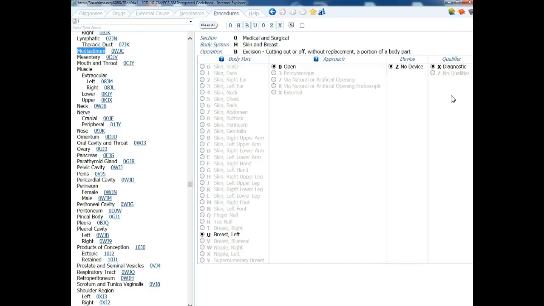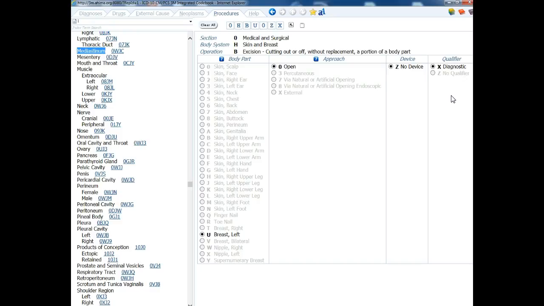So we code to the deepest layer. The example here is excisional debridement that includes the skin and subcutaneous tissue and muscle is only coded to the muscle body part. It went that deep. So we don't code the debridement of the skin. We don't code the debridement of the subcutaneous tissue. What we code is the debridement of the muscle.